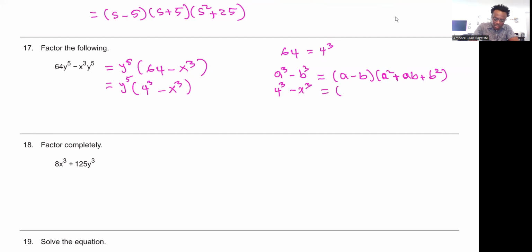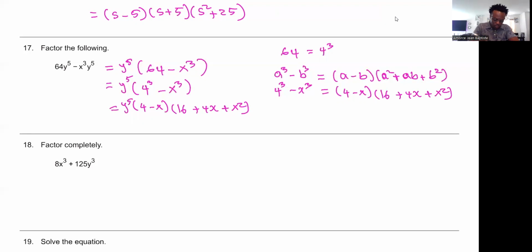That would be 4 minus x, not x minus 4, by the way. And then 4 squared is 16, plus 4 times x, 4x, and then plus x squared. So that is the factored form of 4 to the 3rd minus x to the 3rd. Now bring it here with the GCF y to the 5th, and that's the answer, the factored form of this expression.